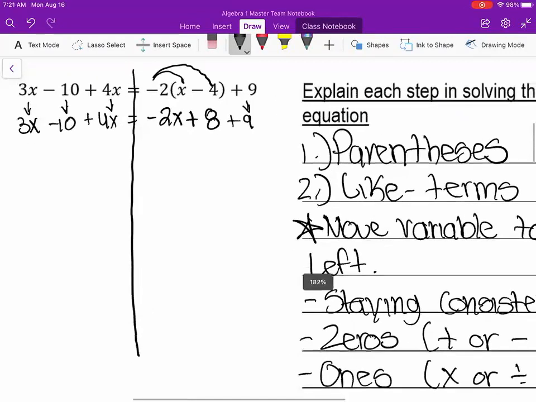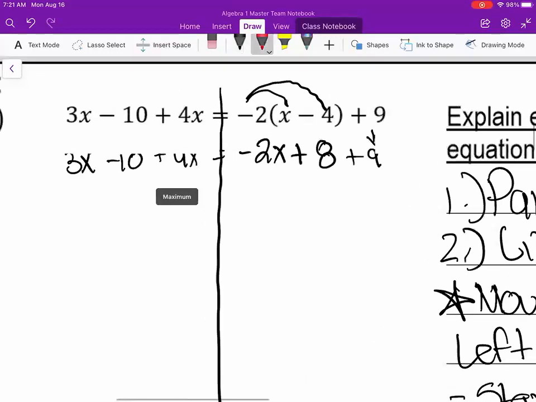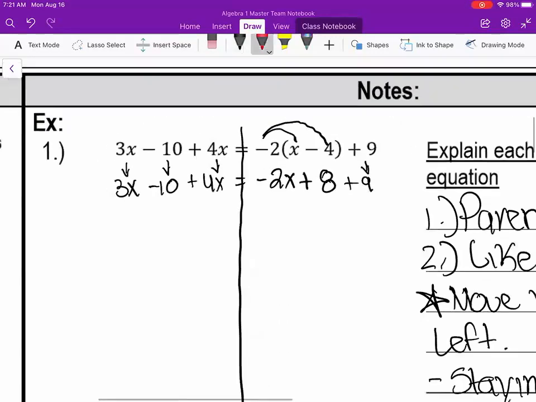The next thing is to continue to ask yourself those questions. We obviously don't have parentheses anymore. The next thing that we should be checking for is like terms. Now you have to be careful here because you might have like terms on both sides of the equation, which is completely fine. What I want you to do is check the left and then the right side. For now, I only want to check the left side.